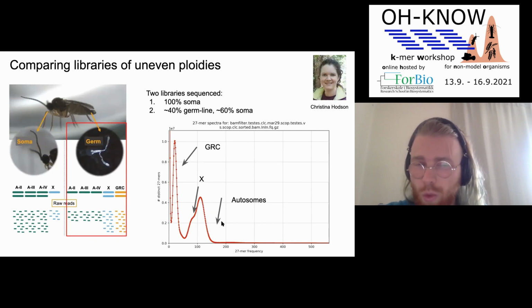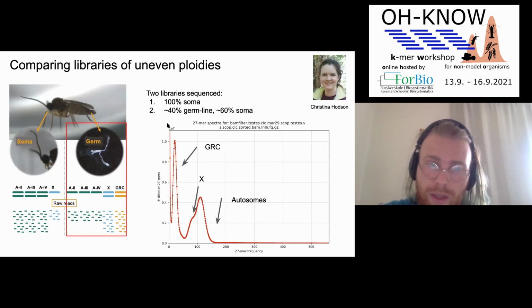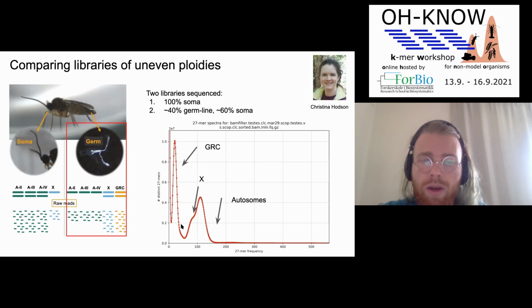It's like 1:0.85 or something like this, a ratio between the autosomes and the X chromosomes. And then here you have the peak representing the GRC chromosomes. There are two different reasons why it's so much shifted to the left. One is the one that Christina already explained in her talk: the two GRC chromosomes are actually two different chromosomes. So this is not a diploid coverage of GRCs, but a haploid coverage of GRCs.